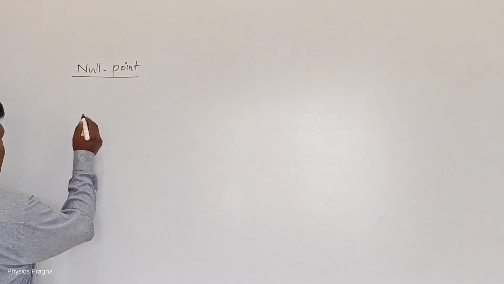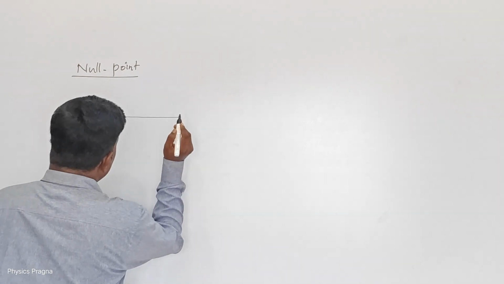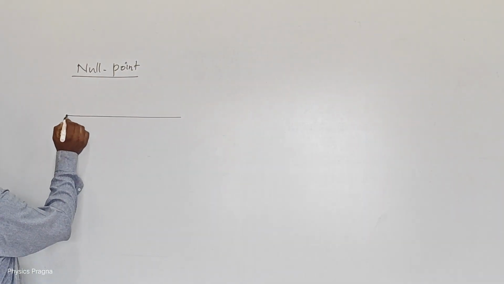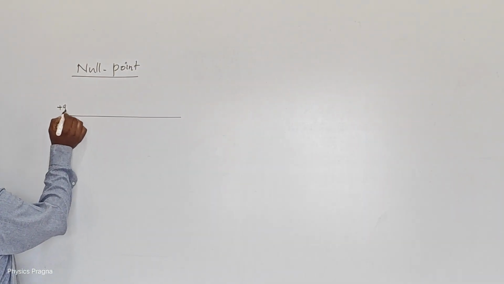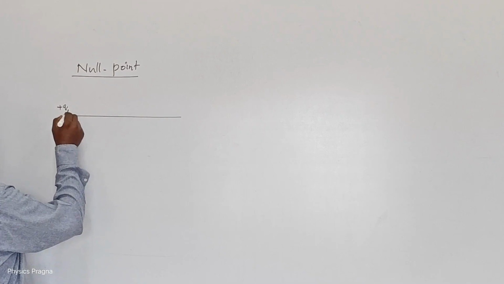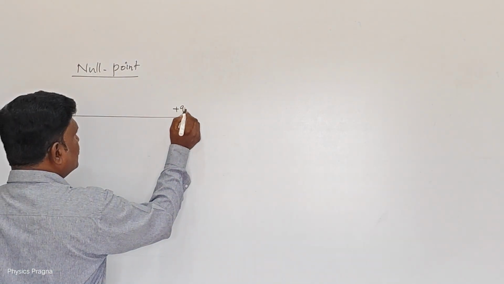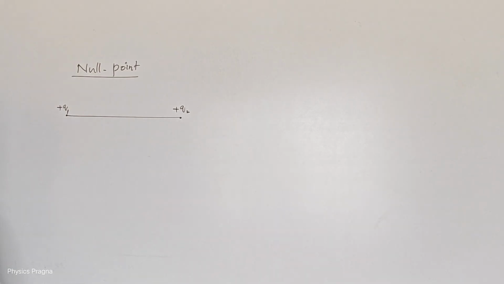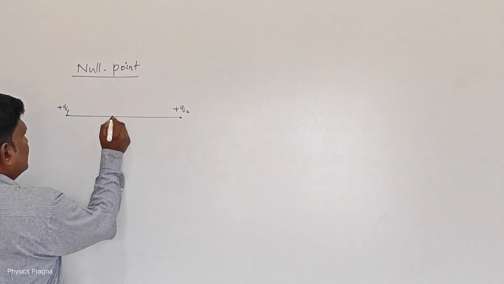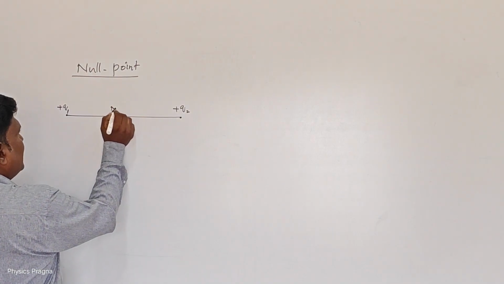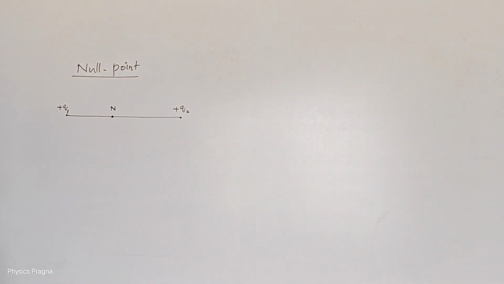So let us take 2 point charges here. This is plus Q1, this is plus Q2. Both are not equal, they are different values, Q1 and Q2. So somewhere in between, the net electric field becomes 0.